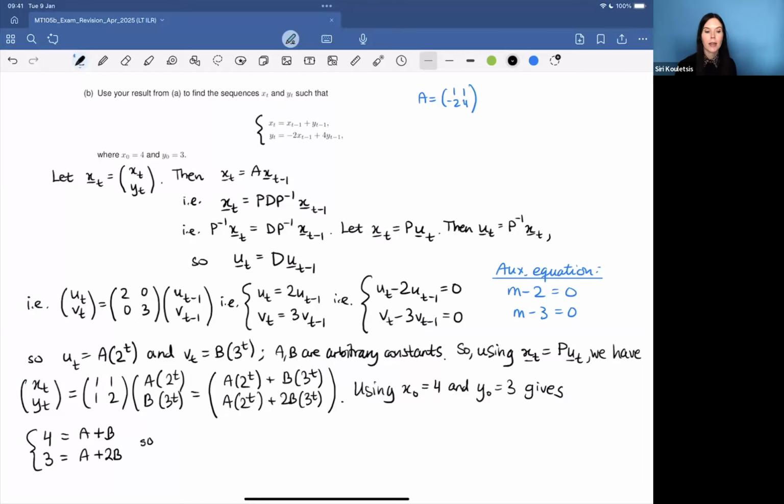And for instance, if we take the second equation minus the first, then we see that b is minus 1, and then substituting that back into either of the equations, say the first, we see that a equals 5. And so now we can write out the solution.